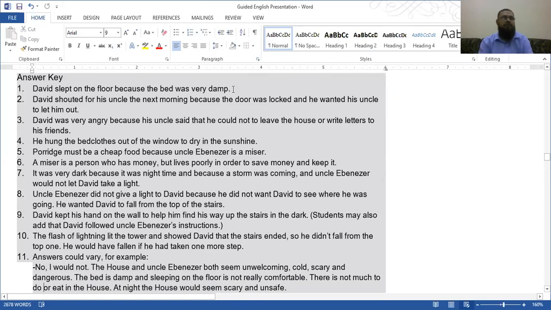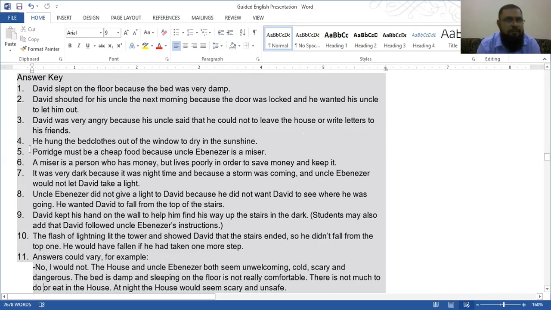Number 2, David shouted for his uncle the next morning because the door was locked and he wanted his uncle to let him out. Number 3, David was very angry because his uncle said that he would not leave the house or write a letter to his friend.